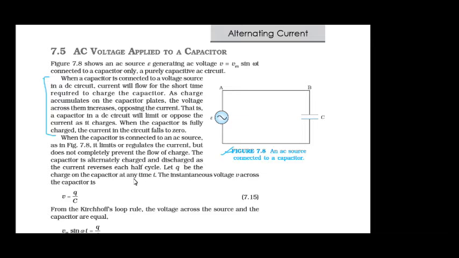Let Q be the charge on the capacitor at any time t. The instantaneous voltage V across the capacitor is V = Q/C, equation 7.15. Let us derive the expression separately in an easy way.